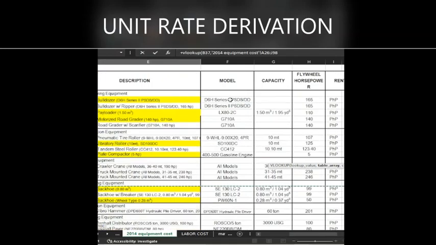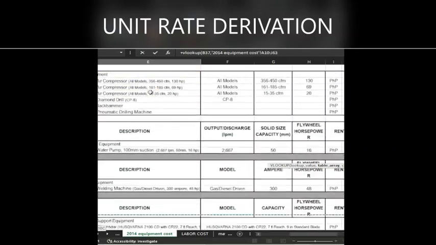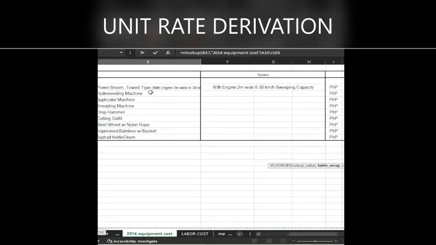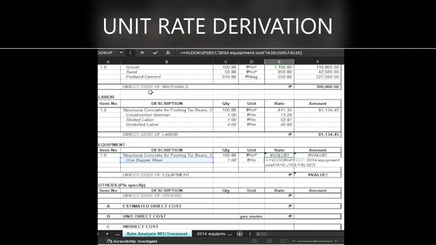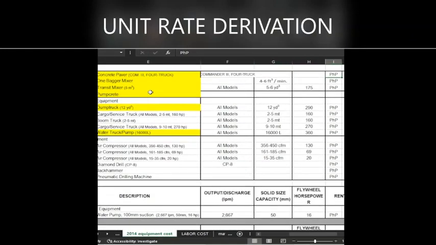We will count the column, guys. Sorry, 1 2 3 4 5. So 5, 5 10 falls. Oh, there is no one bagger mixer. I'll check here.